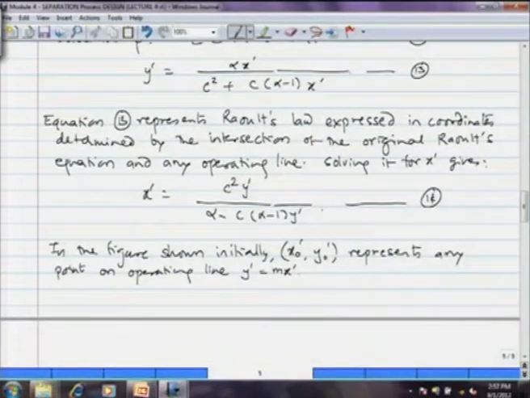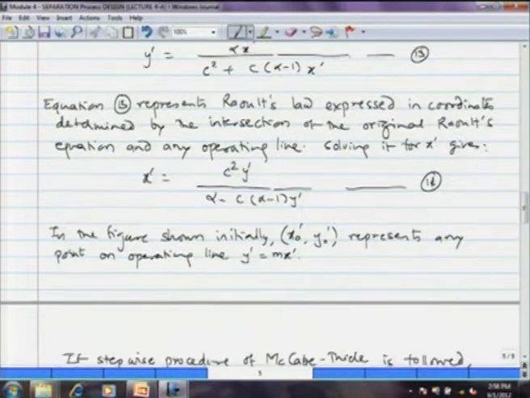Equation 13 represents the Raoult's law expressed in coordinates determined by the intersection of the original Raoult's law equation and any operating line. We make this expression, equation 13, explicit in terms of x dash. So, just simple rearrangement, x dash is equal to c square into y dash divided by alpha minus c into alpha minus 1 into y dash.